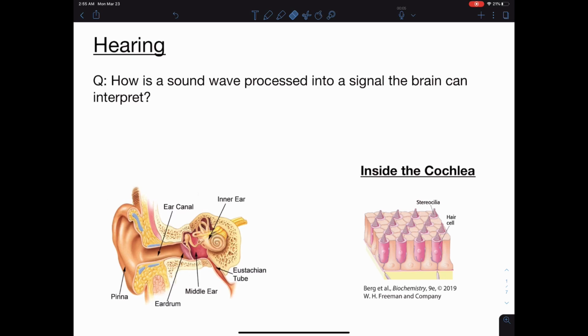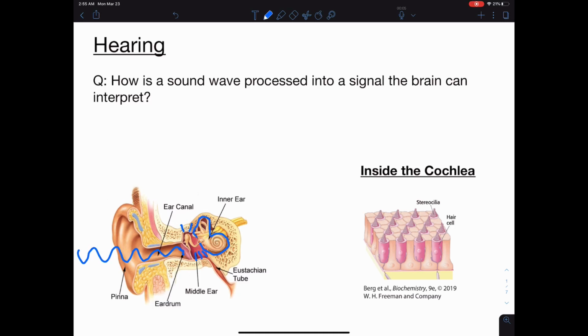So to begin with, when a sound is created, it propagates through the air as a wave and it gets funneled into the ear. It hits the eardrum and these vibrations are transferred into mechanical motion through these bones, collectively called the ossicles. And these bones make contact with a structure called the cochlea.